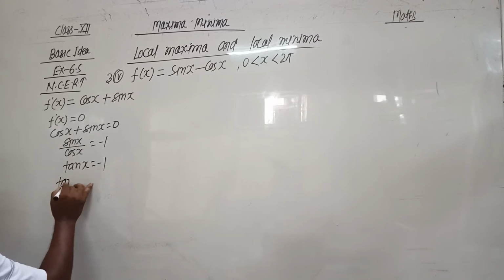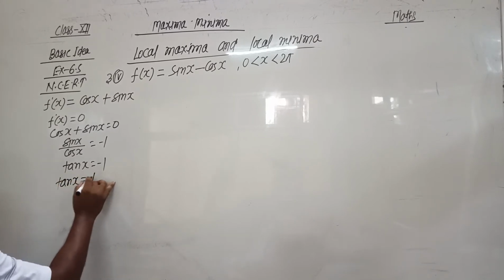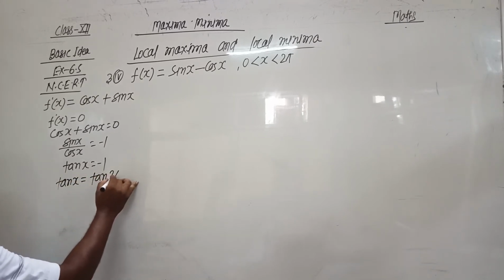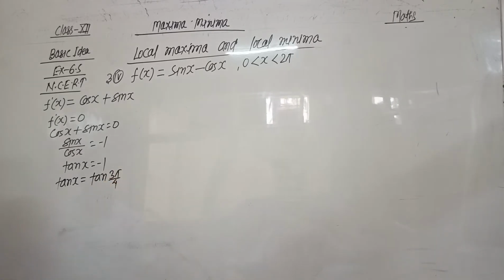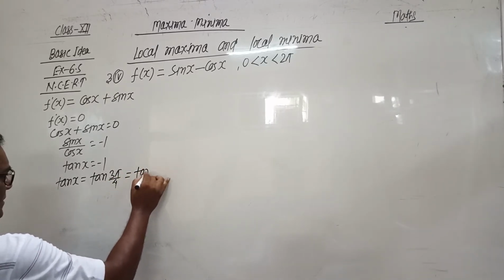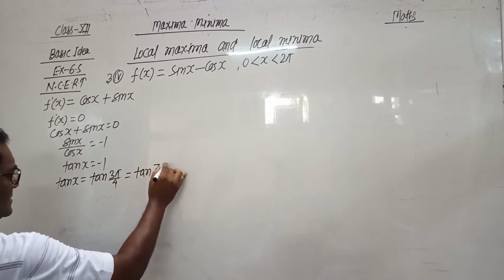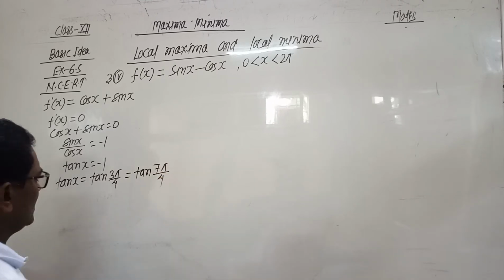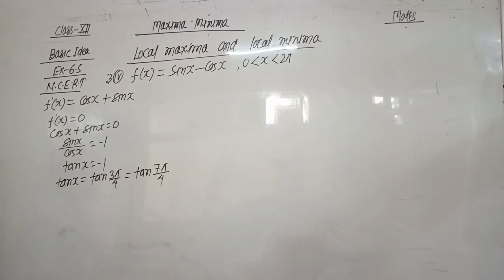So tan x equals tan 3 pi by 4. The value of tan 3 pi by 4 is minus 1, and also in the fourth quadrant the value of tan 7 pi by 4 is minus 1.